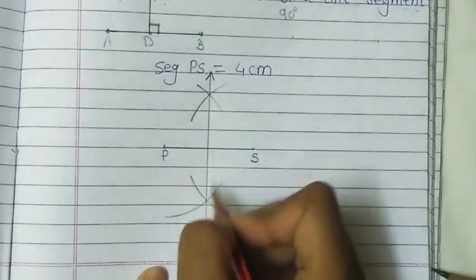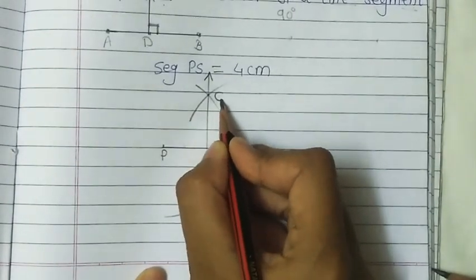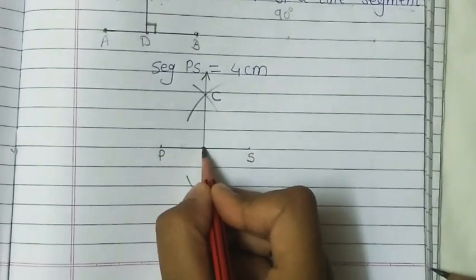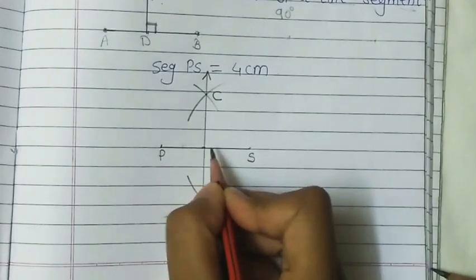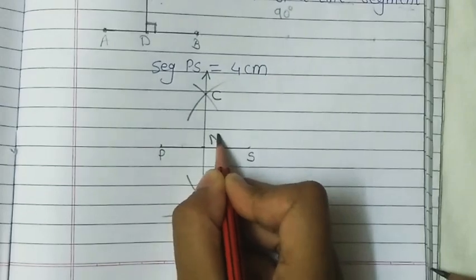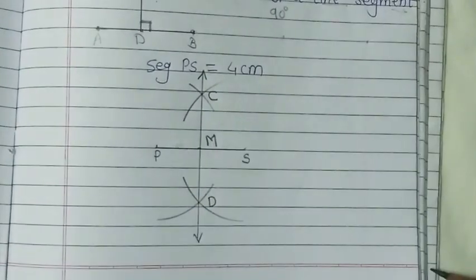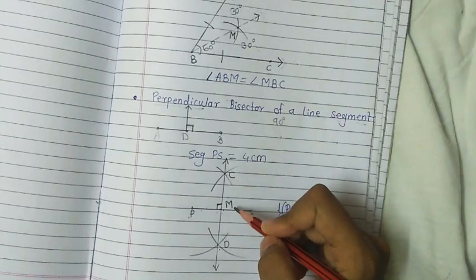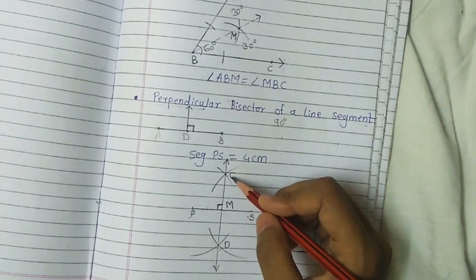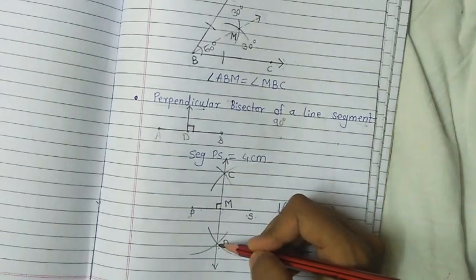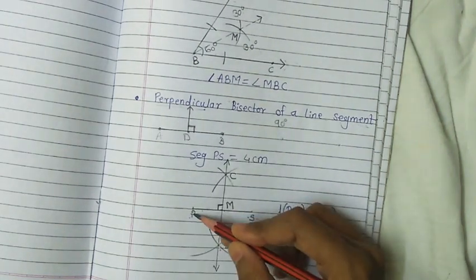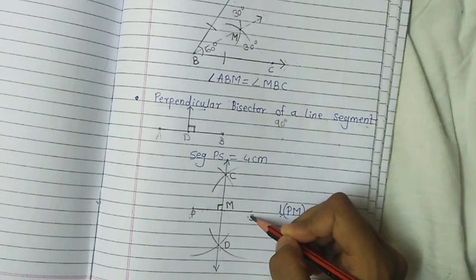And the points which we get here, name it C and D. Also, we get here one point. Name it M. Now, after drawing this, we can say that this line CD is perpendicular bisector of a line segment PS.